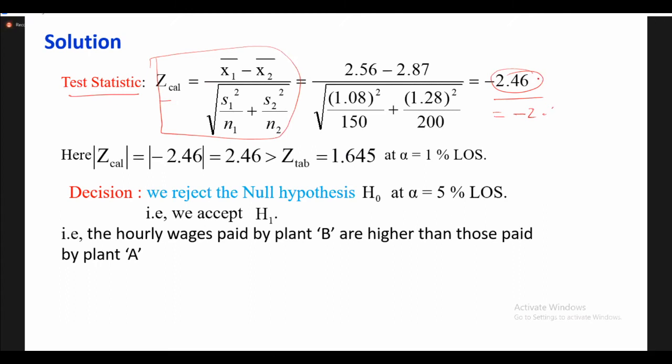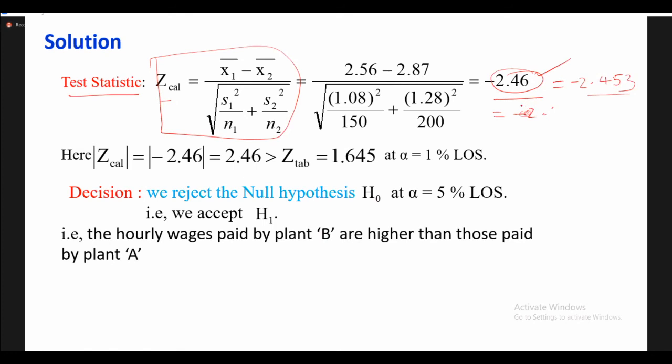Yeah, which one is right? Okay, this is right. This is equal to minus 2.453.